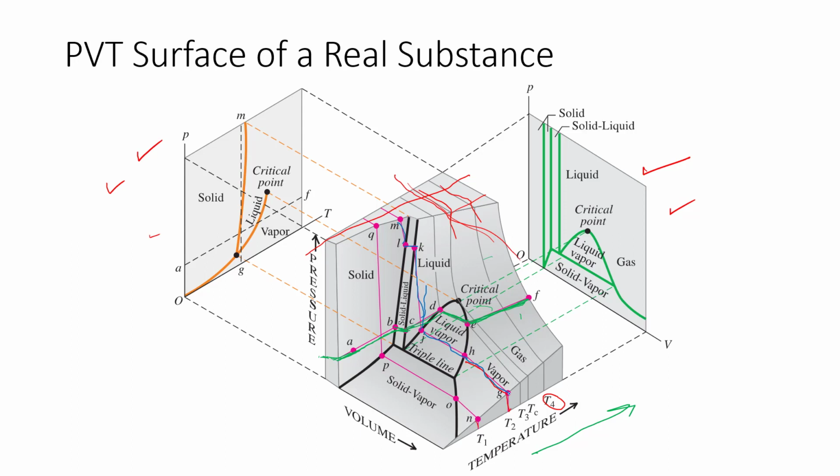So if I move from G to M, that corresponds to an isothermal process, and it's isothermal compression because we are moving towards decreasing volume.